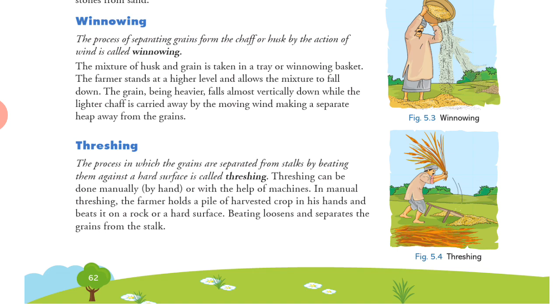In manual threshing, the farmer holds a pile of harvested crop in his hands and beats it against a rock or a hard surface. Beating loosens and separates the grains from the stalk. You can see it easily. This type of practice is done for the rice crop.